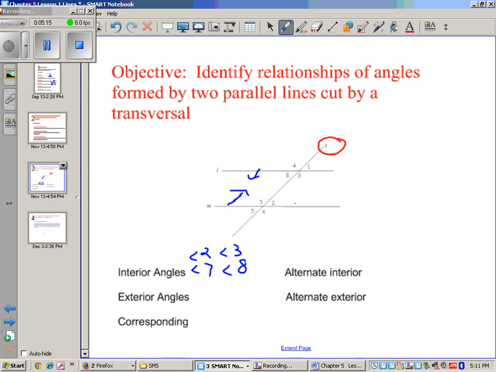Everything's on the interior part. If you want to think of the parallel lines as the walls of a house, the interior angles are on the inside of the house. Okay, take a moment to pause the video and look for the exterior angles.